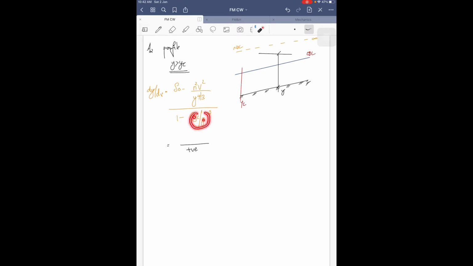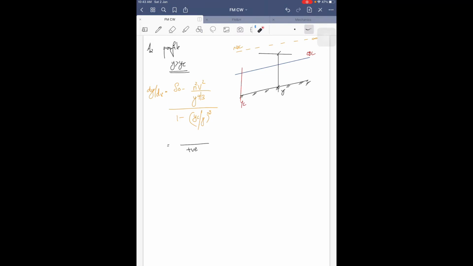Yc by y will be a value less than 1, and 1 minus a value less than 1 will be positive. There is a cube part, but that cube is not going to make much difference in the final result. Since y is greater than yc, yc by y is a smaller positive value, cubed, further smaller, and 1 minus a value less than 1 will be a positive value.